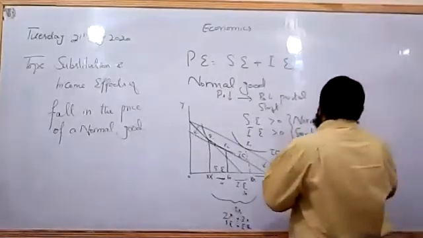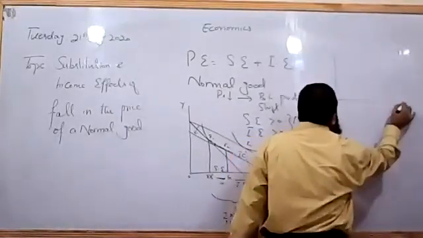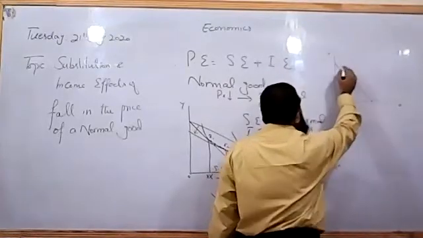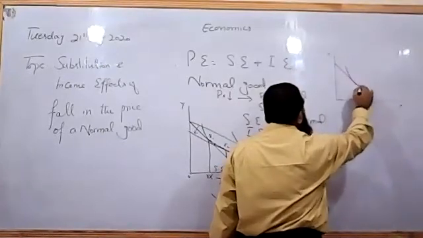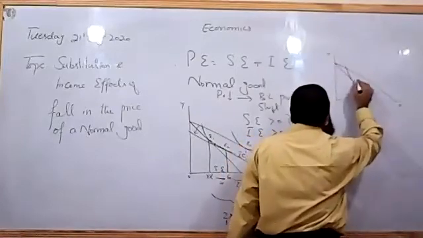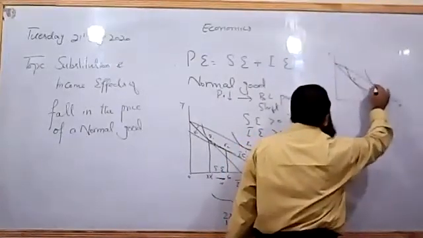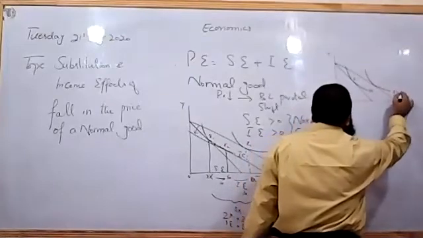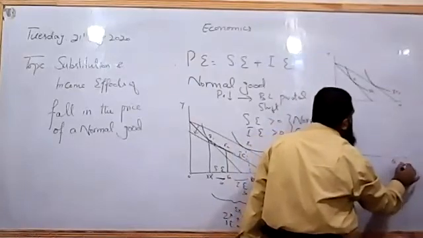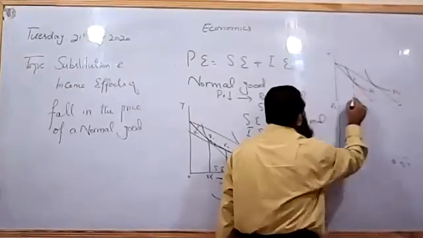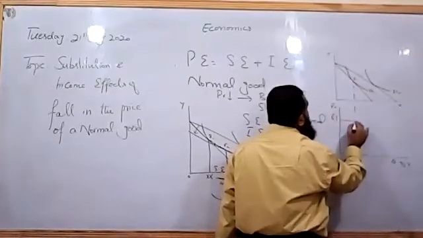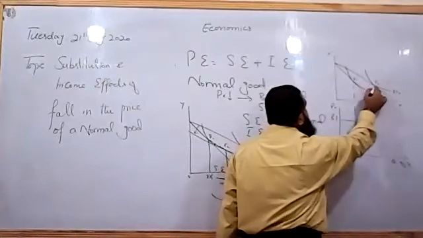Okay, we have this X and Y, and we said in our previous class how to derive the demand curve. This is E1, and this is indifference curve 2. So in the lower diagram, quantity of X and price of X, when the price of X is this one, this point we have achieved, and this is E2.